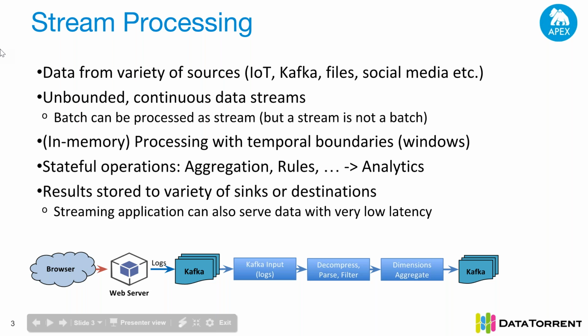Once the insights are computed, they also need to be shown back to the user, or probably used by another data processing pipeline, so we can push that data back to various Kafka topics.